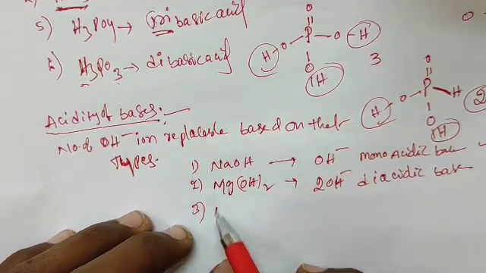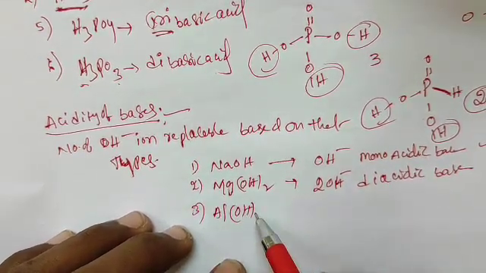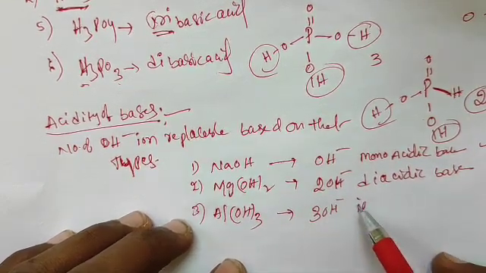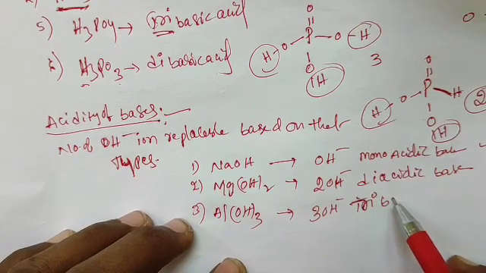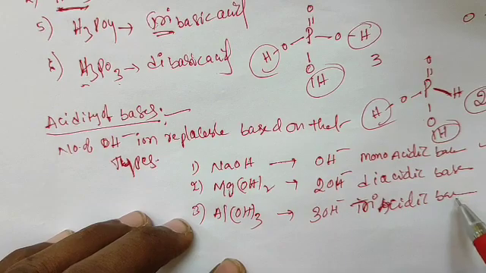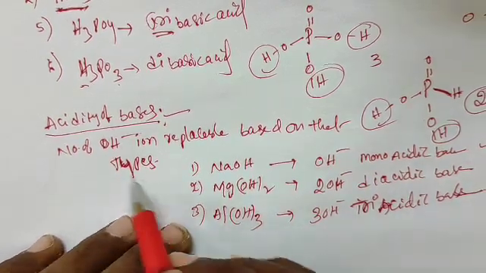If we take aluminum hydroxide, three OH minus ions are released. This one we call a triacidic base.